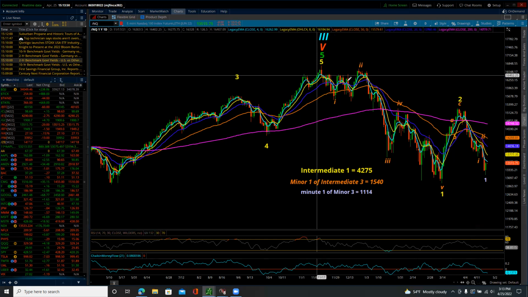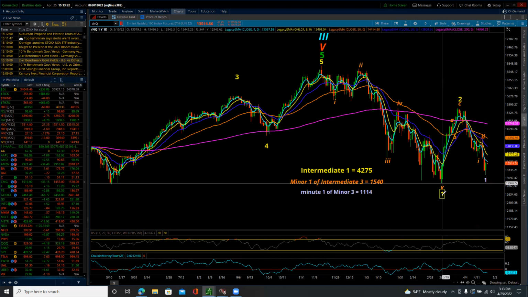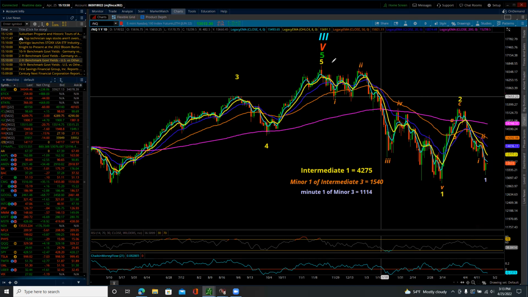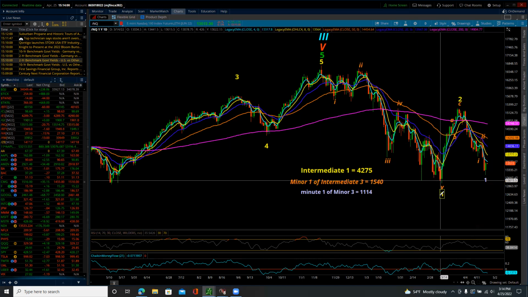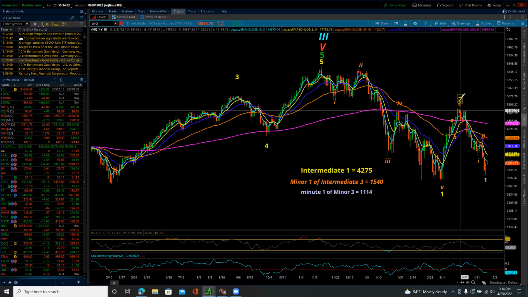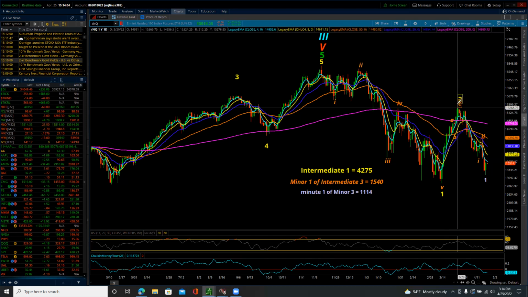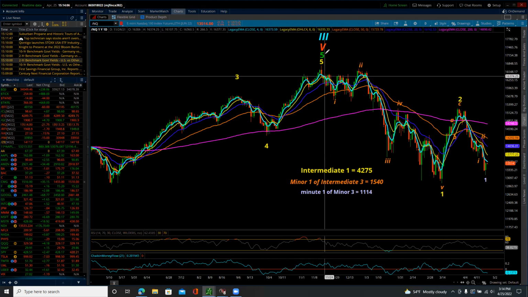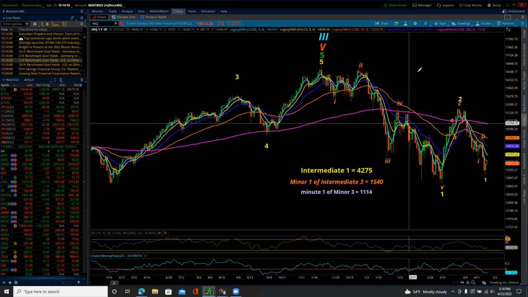So while I'm counting this as intermediate wave 1, it could be intermediate wave A. They're going to resemble and do the exact same thing. And this can be intermediate wave B, again, of a primary degree wave A.